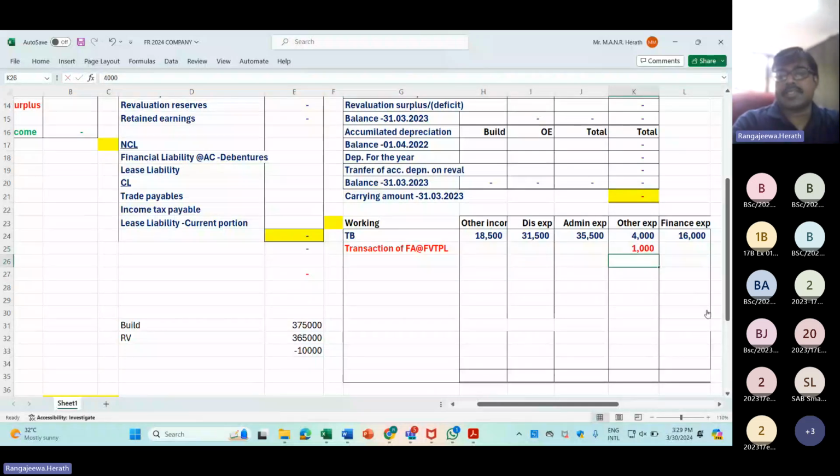Debit other expense by crediting the financial asset.